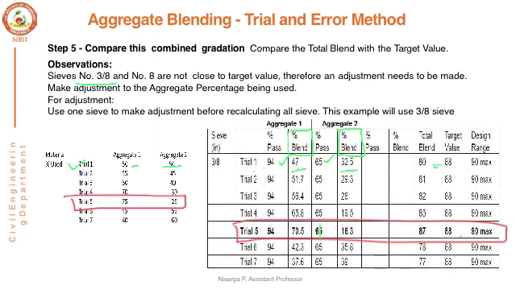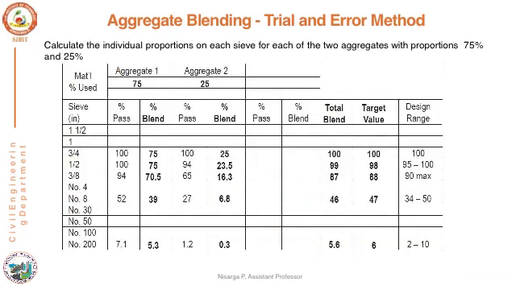So now, keeping these two proportions, we have to check for all the sieves. It is like a repetition of the third step, but in the second trial we are repeating the third step. Earlier in the third step we considered 50% of aggregate A and 50% of aggregate B. Now, based upon the trials we have done, we need to consider 75% of aggregate A and 25% of aggregate B. Using these two new proportions, calculate the percentage blend and find the total blend.